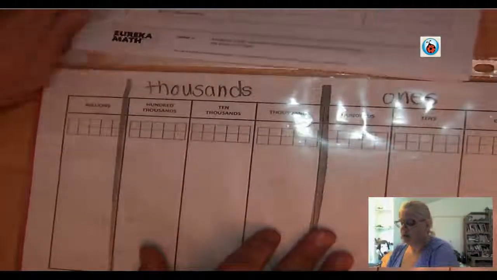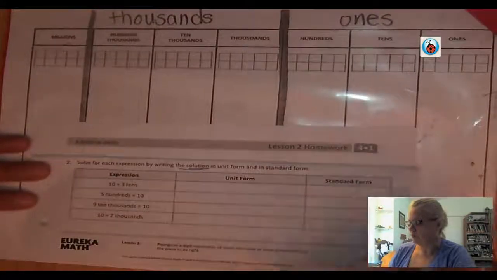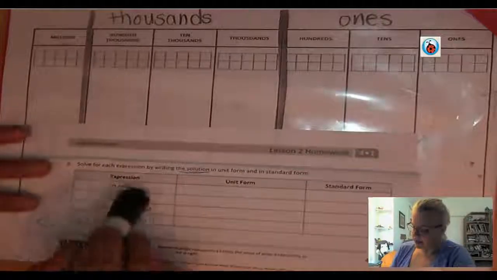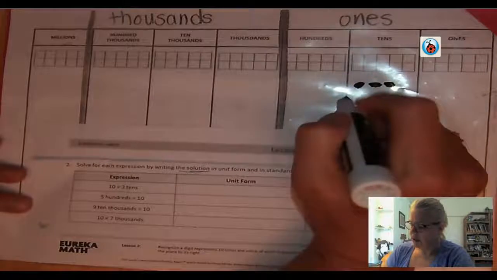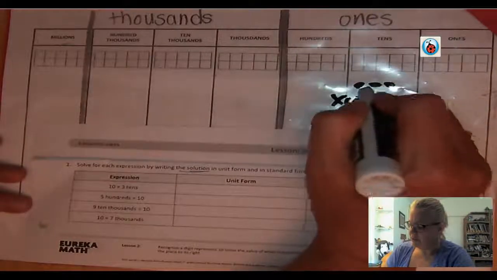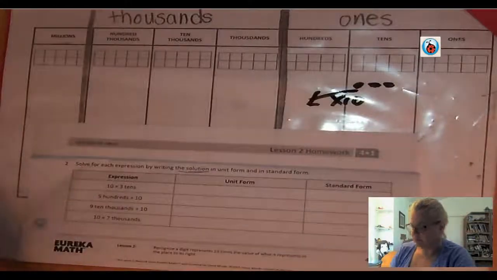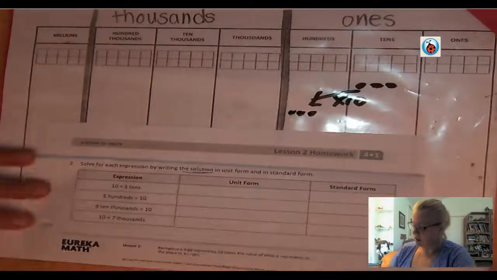All right, so if I get out my trusty little place value chart and my marker, I can say, okay, 10 times 3 tens. So I have 3 tens. 1, 2, 3. I need to multiply by 10, which means I go to the left, right. So those 3 move over here.